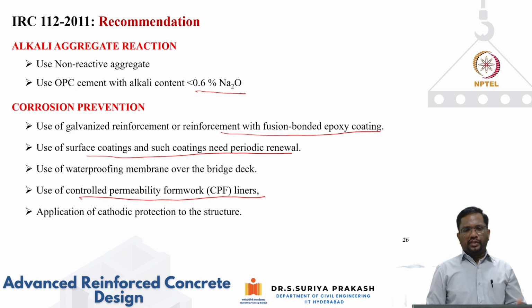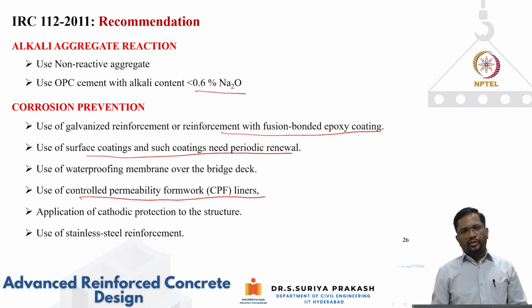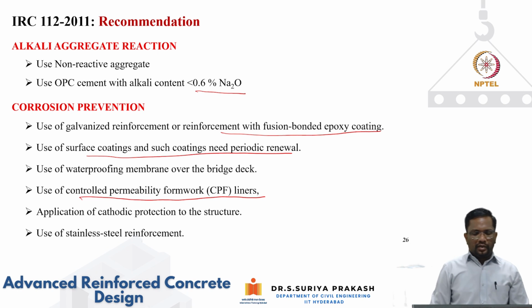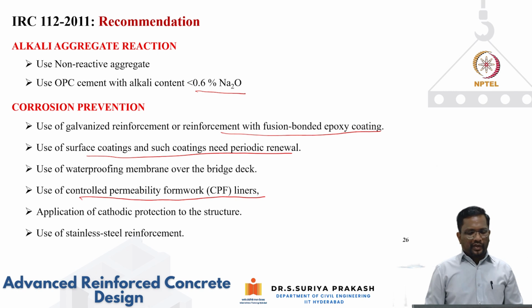And if you have an existing structure where corrosion has already initiated, one way to do some remedial action is cathodic protection by installing sacrificial anodes, right? Or use stainless steel. We know that stainless steel, because of its high chromium content, doesn't corrode. However, the cost of stainless steel is a big factor.